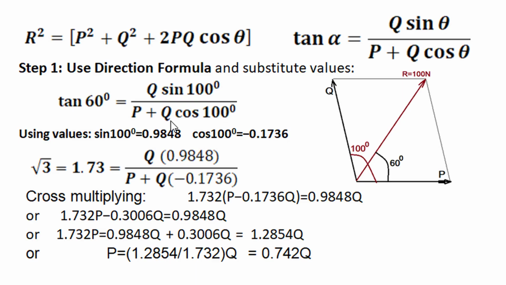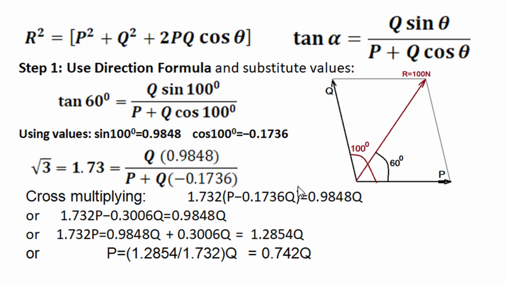When theta is more than 90 degrees, cos theta becomes negative. So cos 100 is negative 0.1736. So when we substitute the values of tan 60, root 3 or 1.73, sin 100 and cos 100, and cross multiply, this becomes 1.73 times P minus 0.1736 Q is equal to 0.9848 Q.